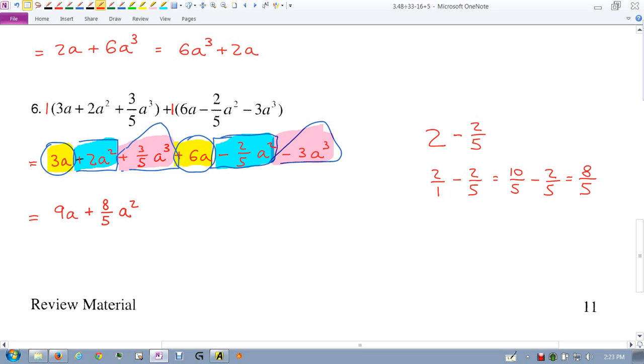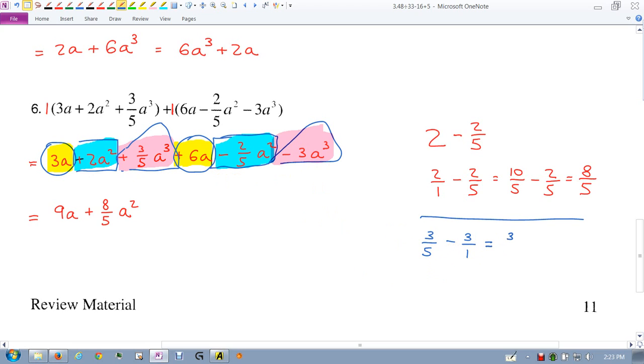Okay. We've got to do the last one. For the last one, what's the number in front of the a cubed? Positive 3/5. And we need to subtract from that, what, 3? Which I'm going to write as 3 over 1. So I'm doing that right there. 3/5 take away 3, which is 3/5 take away 3 over 1. Common denominator again.